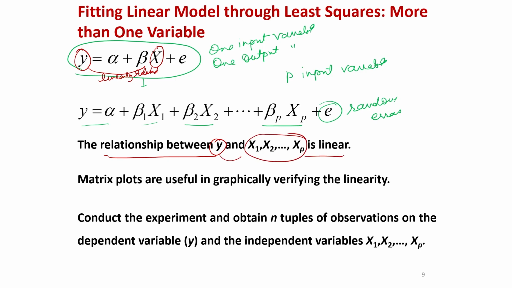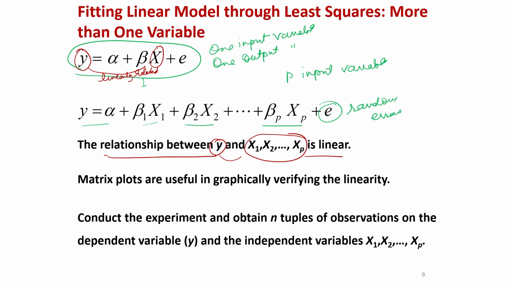So that means the relationship between y and x1, x2, xp is a joint relationship, and we are assuming that x1, x2, xp affect the y jointly in a linear way, right?